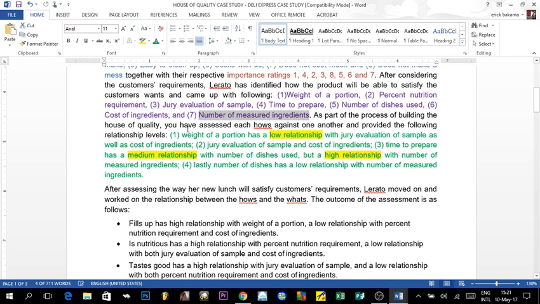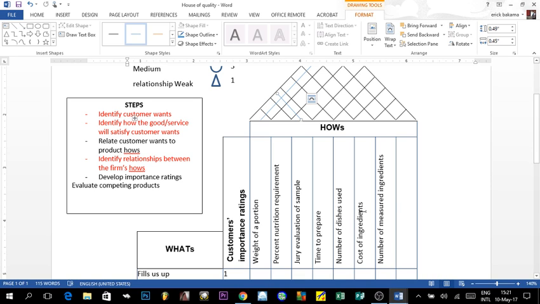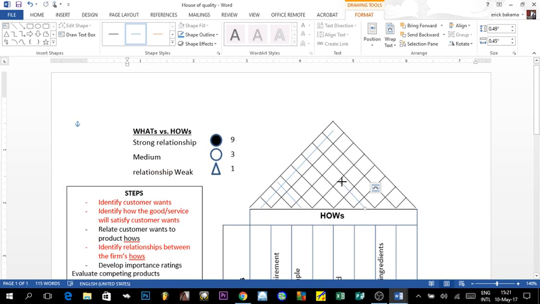That is the first relationship. The second, they also say that the weight of proportion still has a low relationship with the jury of evaluation of sample as well as the cost of ingredient. So we go again and look at our cost of ingredient. This is the cost of ingredient. Now we draw another line that starts from the cost of ingredient, which is this row here, and see where it meets the weight. It's somewhere here.